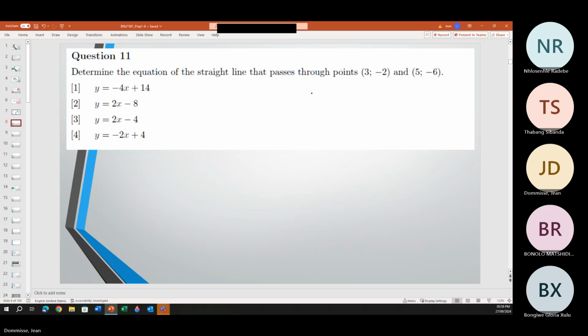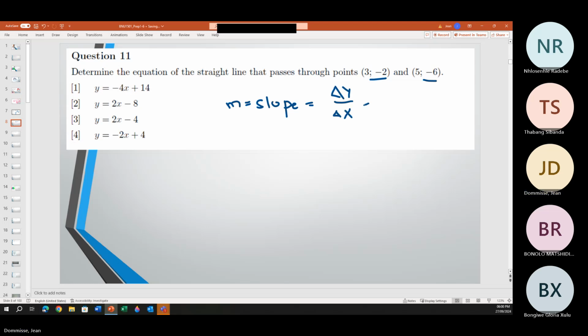So they give us 2 points, and we need to look at those points and determine which one of these are correct. Okay, so the first thing that I will work out is the slope. The slope is m, and the slope is the difference in y divided by the difference in x.